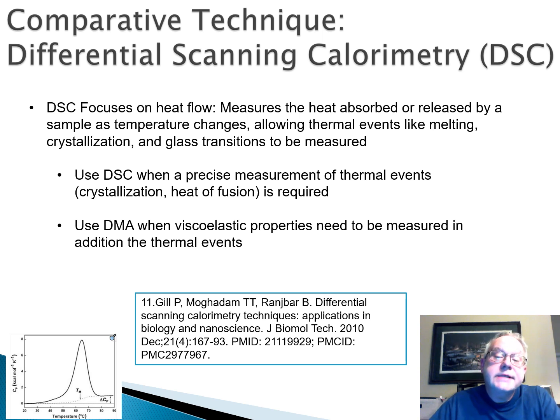It can be highly sensitive to these thermal events, so if you need precise measurements of those, DSC would be the technique of choice. DMA can give you the same information on polymer transitions, but it might be a little bit less sensitive than the DSC. However, the DMA is the technique of choice when you need to obtain viscoelastic properties.